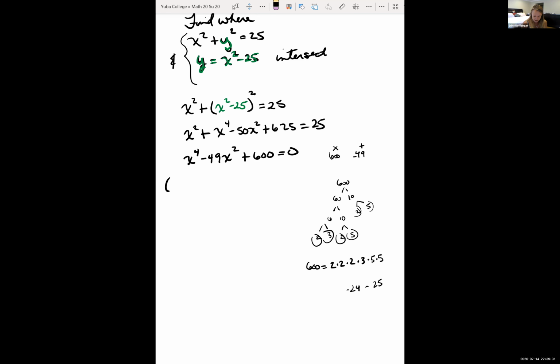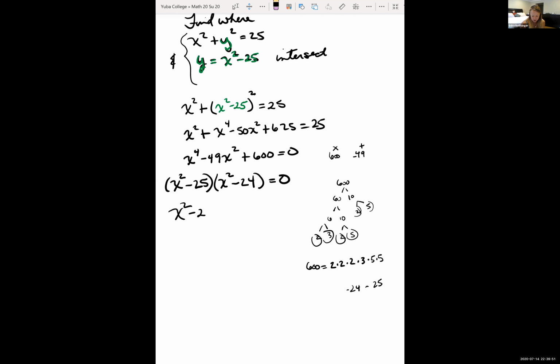So I can factor this as x squared minus 25 and x squared minus 24 equals 0. So I can set each factor equal to 0 and solve.